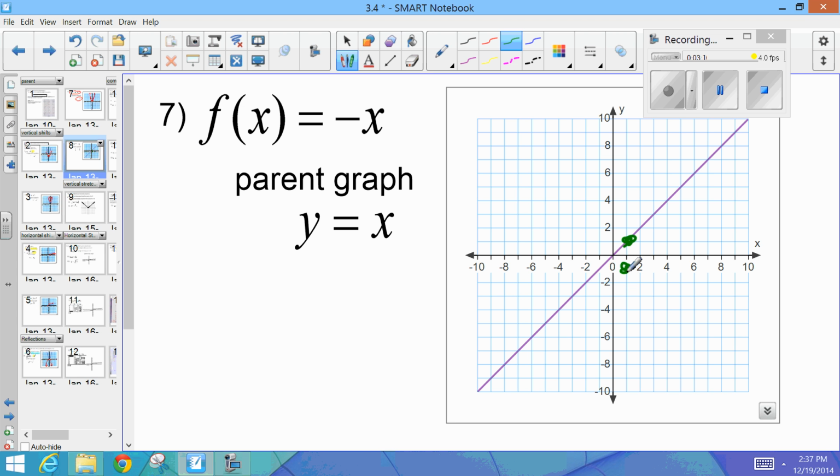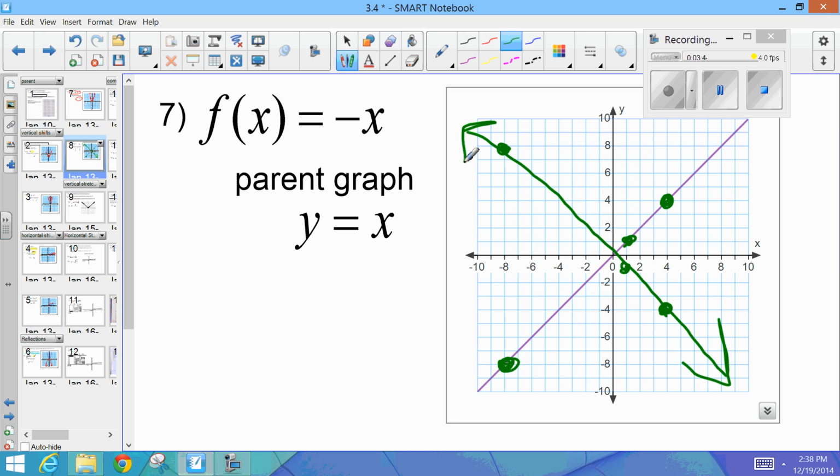And how about 4, 4 goes to 4, negative 4. And how about the point negative 8, negative 8 goes to negative 8, positive 8. Okay. So here is that reflection.